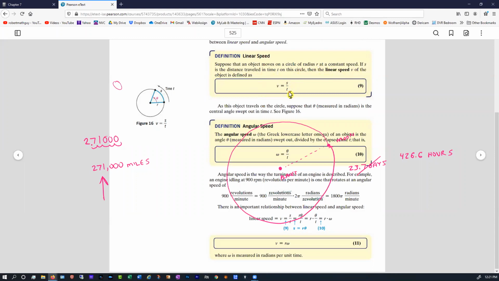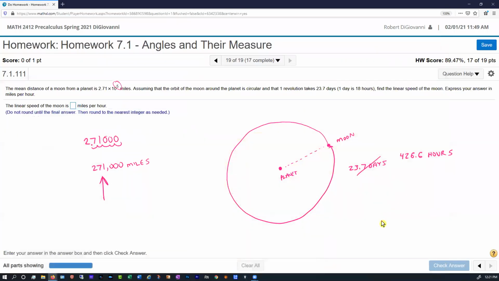Okay, now the problem that we have here is that we don't know the distance it traveled. Okay, we need to figure out the distance that it traveled to go all the way around. So this is where we need to think through this. So to find the linear speed, the linear speed v is going to be s over t.